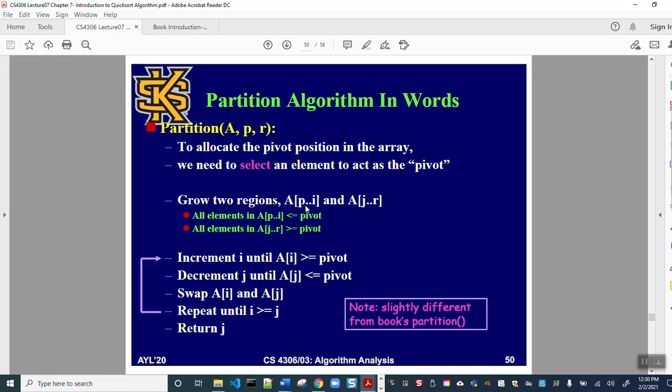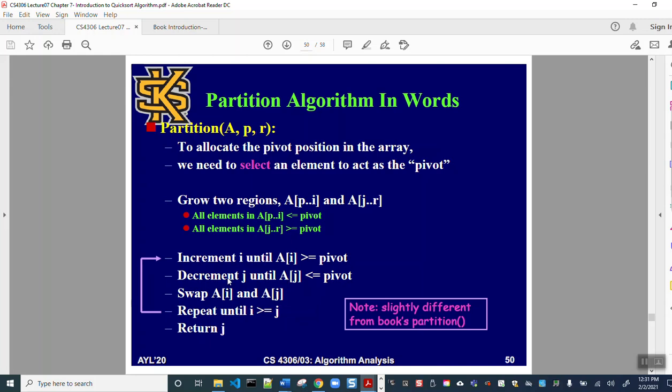P to I and J to R. All elements on the left side, P to I, are less than or equal to the pivot element, and all elements on the right side are greater than or equal to the pivot element, right? So what we do is increment I until any element is greater than or equal to the pivot.